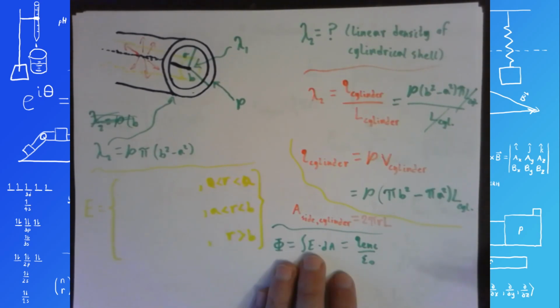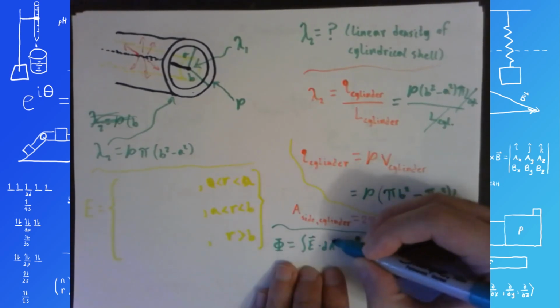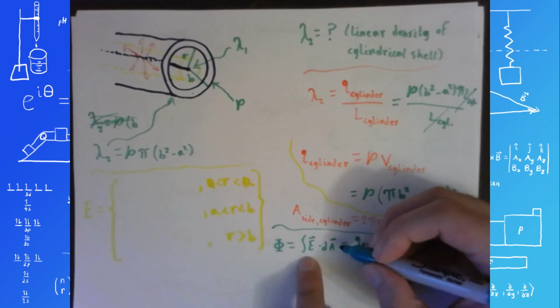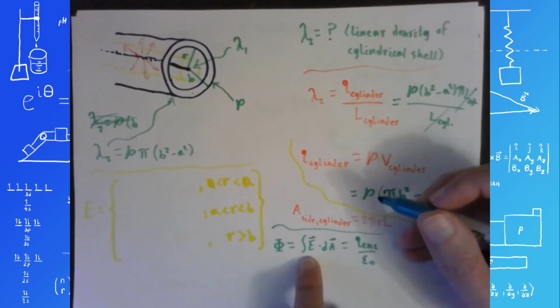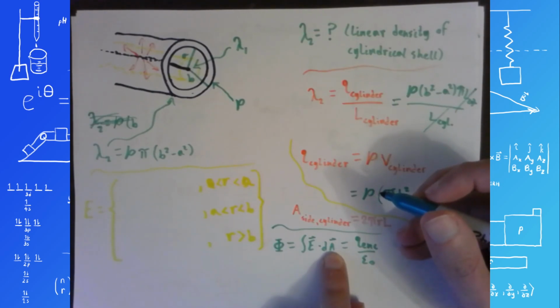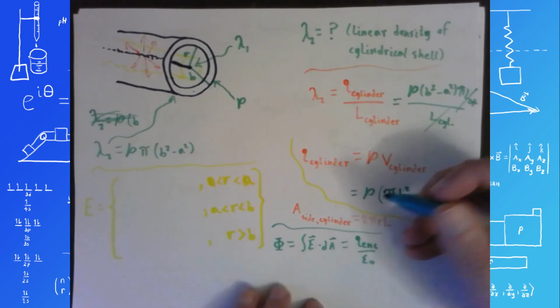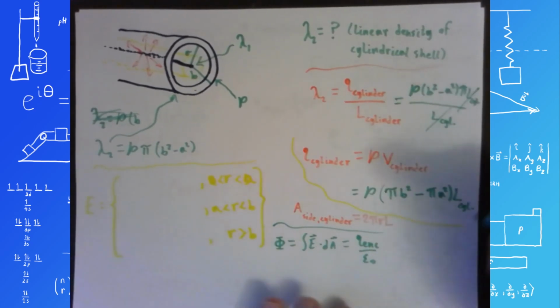So the dot product is just going to give us a cosine of 0, because dA is also defined to be in a direction that's perpendicular to the surface. So electric field perpendicular to the surface, dotted with an area differential that is also directed perpendicular to the surface. That's an angle of 0 between them. Cosine of 0 is 1. So it just reduces to simple multiplication.